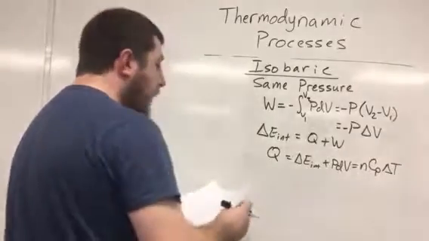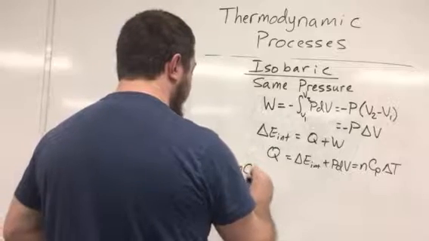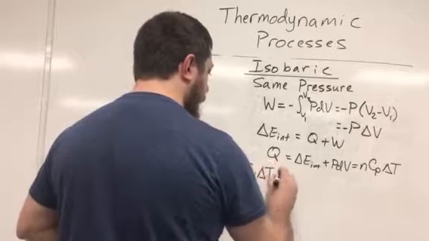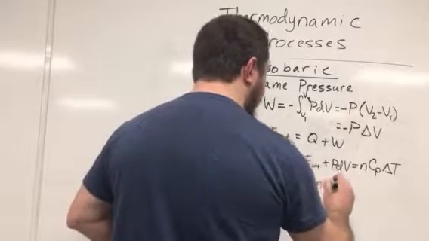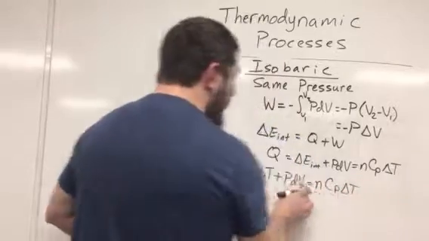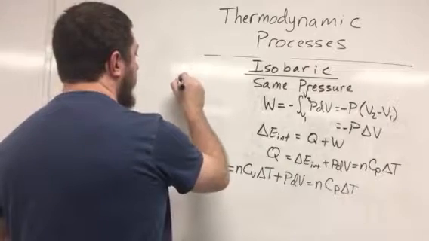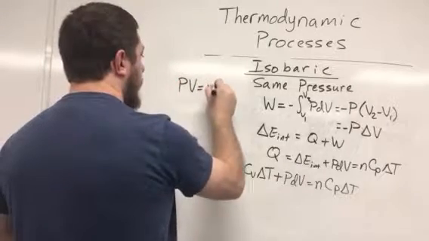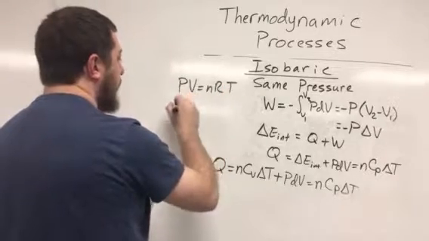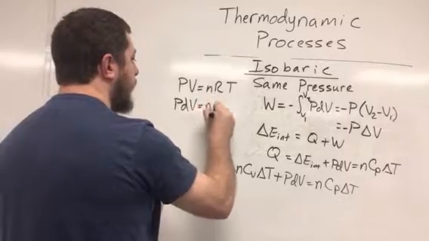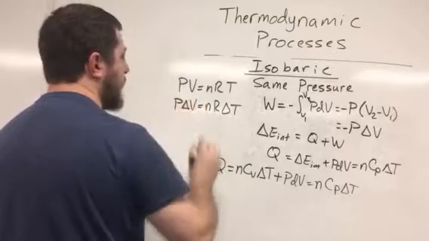Okay, so again, we can write delta E int as N Cv delta T plus P dV equals N Cp delta T. But P dV, using the ideal gas law, if I hold the pressure constant but take a differential of both sides, then that's the same thing as P dV equals N R delta T. Well, this would be delta V, rather.